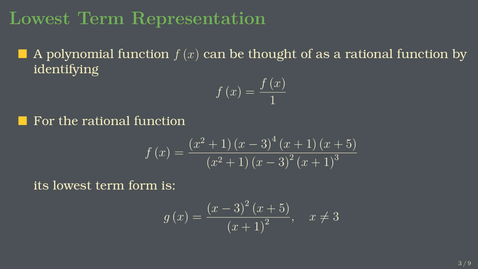From this lowest term form, you can understand that the actual form of the rational function should have some factor of x minus 3 in the denominator. That is how you can have the simplest form of a rational function without losing the actual domain of it.